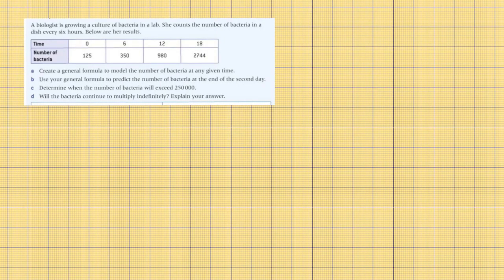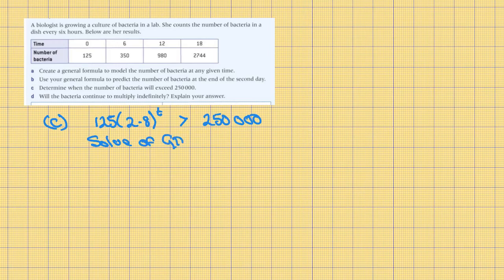C. Determine when the number of bacteria will exceed 250,000. So we want 125 times 2.8 to the power of t to be greater than 250,000. Solve on GDC.